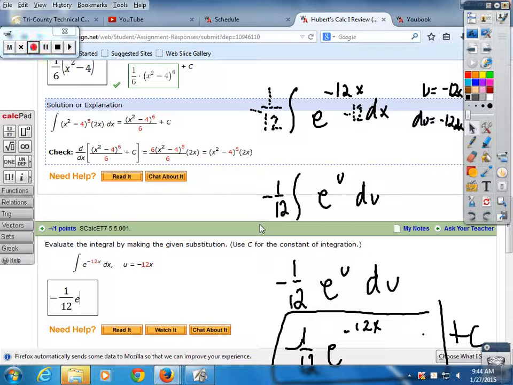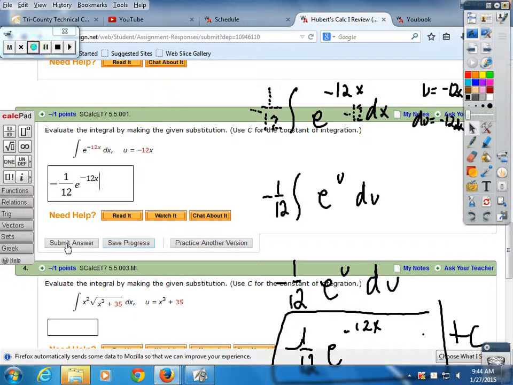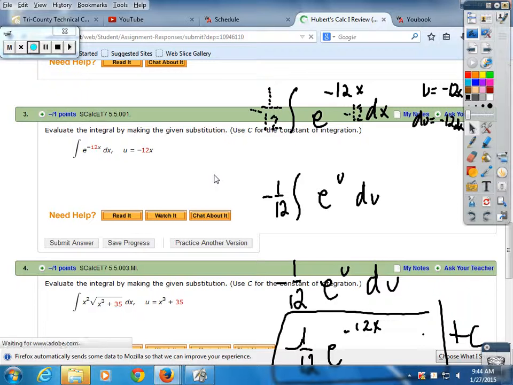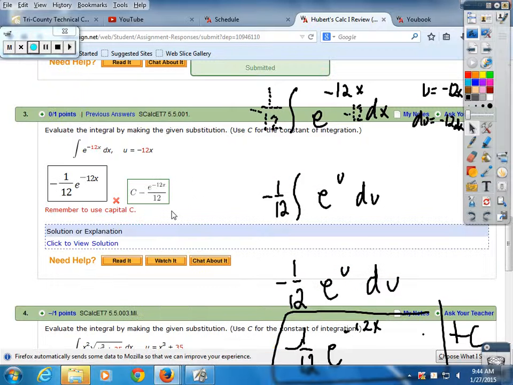E to the negative 12x. Nope, that's not going to work. Hey, what are you saying? What are you trying to say? Yeah, right. Wait till we get to the stuff that ain't reviewed. You're gonna be hating life. Uh-oh. Oh, bump them.